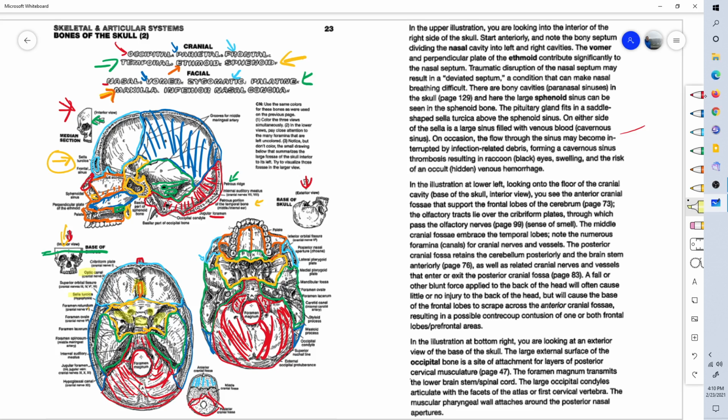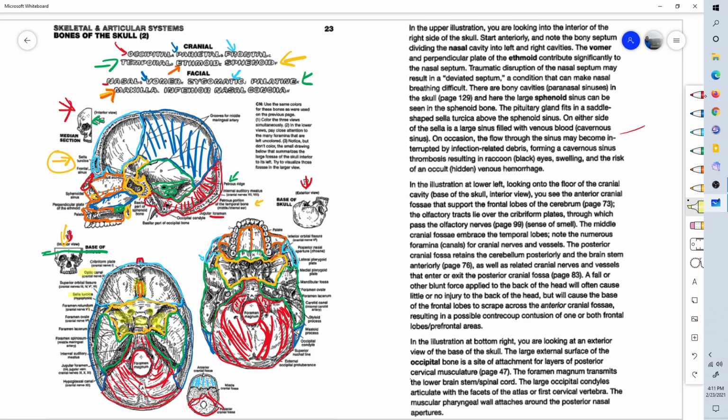Foramen rotundum for cranial nerve number 5, the second branch here. Foramen ovale, called ovale because it's oval shaped, for the third branch of the trigeminal nerve.